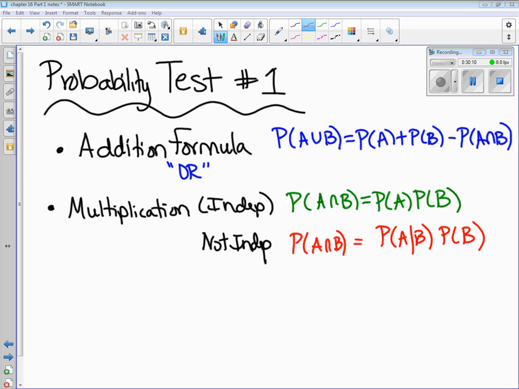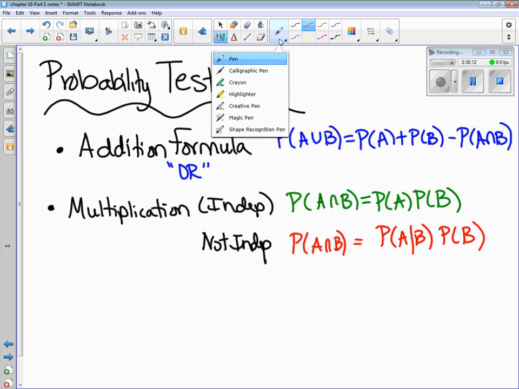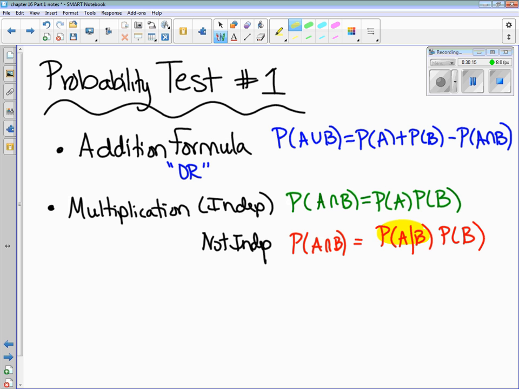And remember, if they are independent events, aren't these two things equal to each other anyway? It's kind of the same formula. It's always really this one. We just have to replace that with A if they're independent events. That's exactly right. I don't really like to treat them as two separate things anyway. Okay.